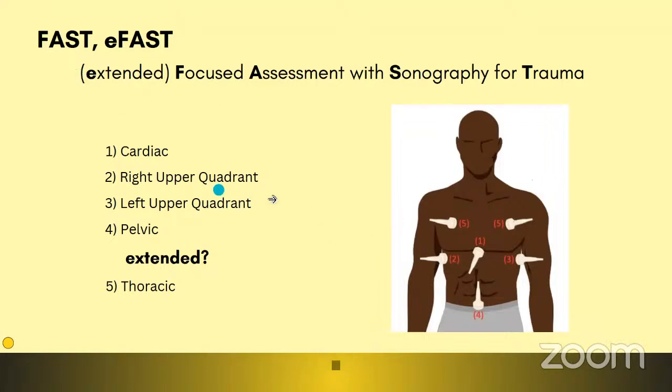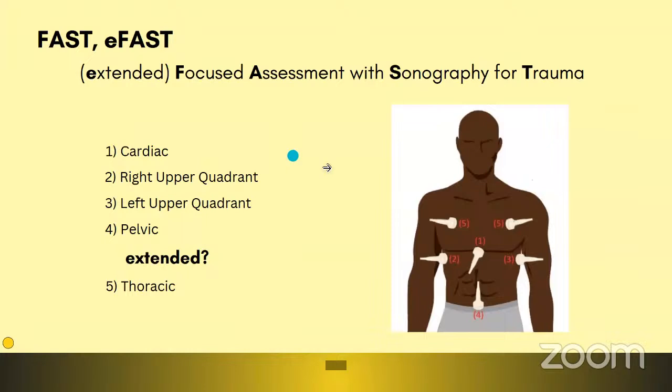Let me repeat. FAST is focused assessment with sonography for trauma, done in cases of trauma and also hemodynamic instability whenever presented to the emergency department. It has four cardinal components: cardiac, right upper quadrant, left upper quadrant, pelvis, and we are extending it to the thoracic region in case of eFAST.